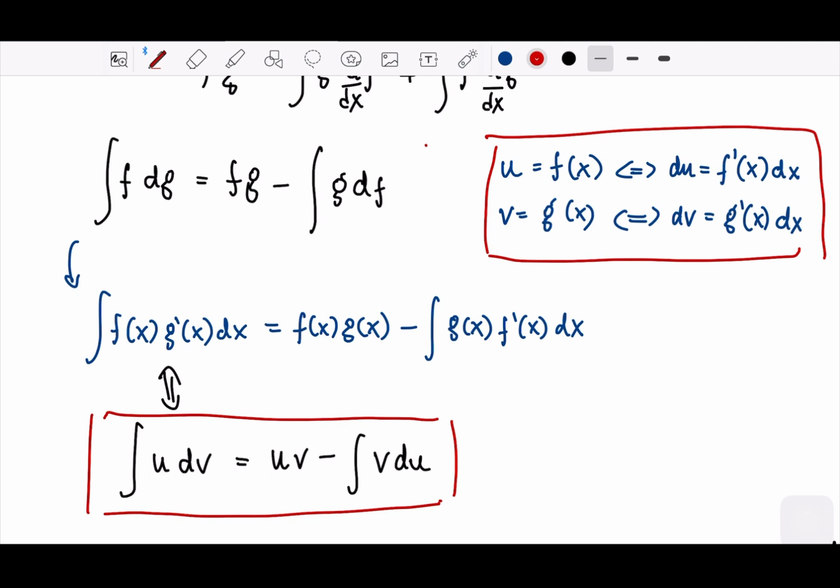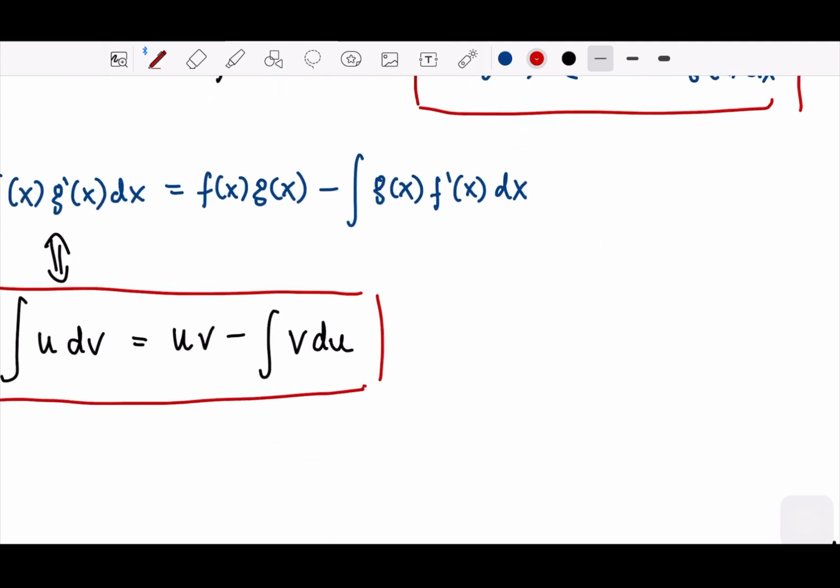Then we need to set up some components in this right-hand equation. For u and dv, we need to integrate dv to get v, and u we derive to become du, and then v du. I think I would just give you some examples of how to use it.